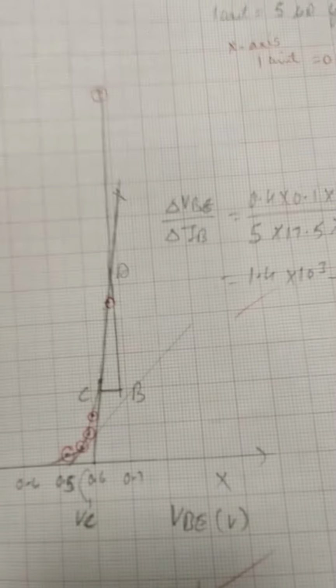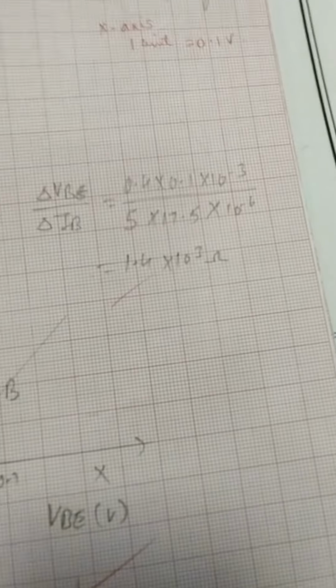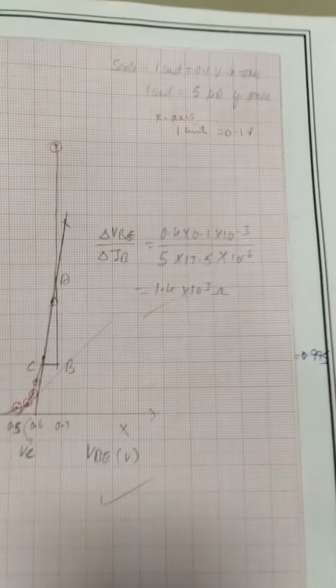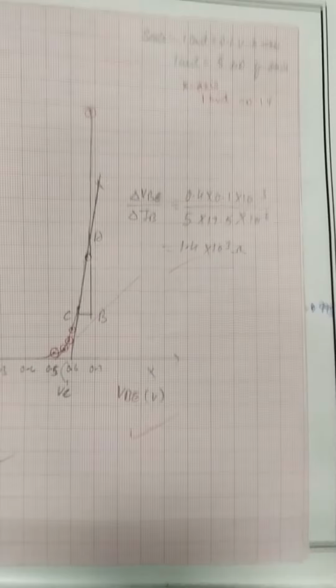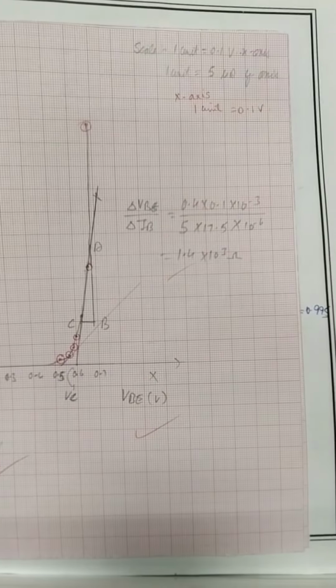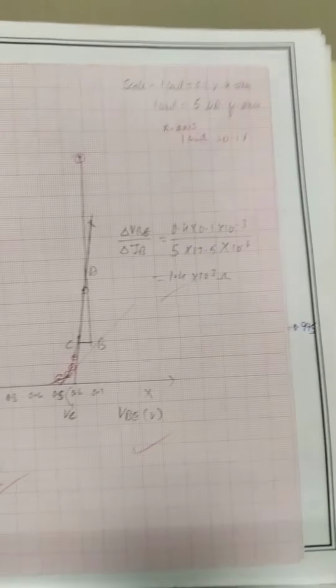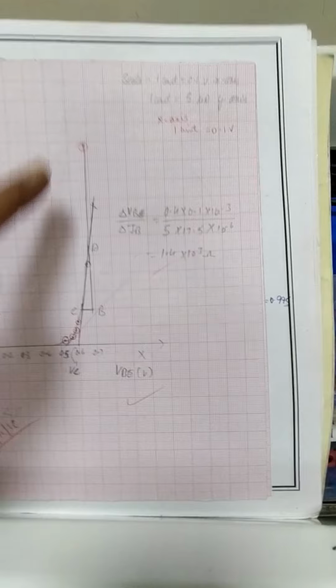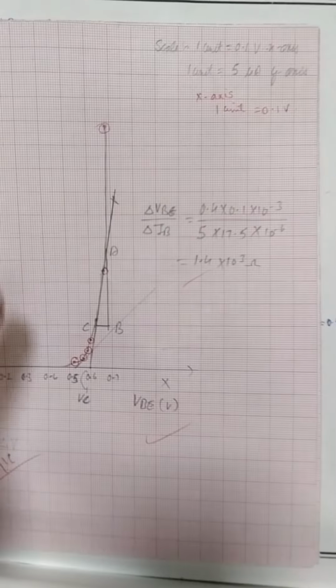So what about the knee voltage? The knee voltage will be nearly about 1.4 into 10 power 3 volts, isn't it? Similarly you can go. I hope that might be understood. What do we mean by the input characteristics?